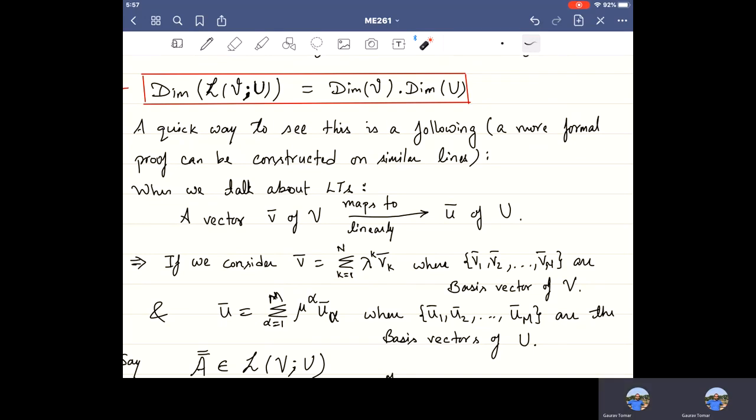Similarly, we can choose U1 to Um as the basis for the U vector space, and write vectors in terms of a linear combination of those.